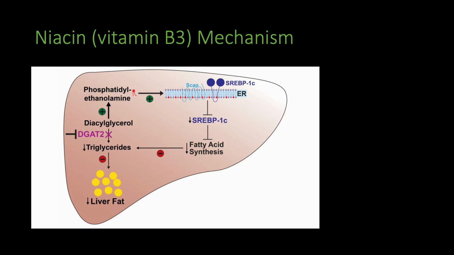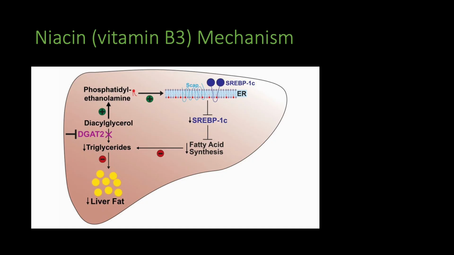And overall, it will decrease the LDL formation as well, because the LDL comes from the VLDL. Essentially, you might see an increase in HDL as well. And that's pretty much it in this diagram.